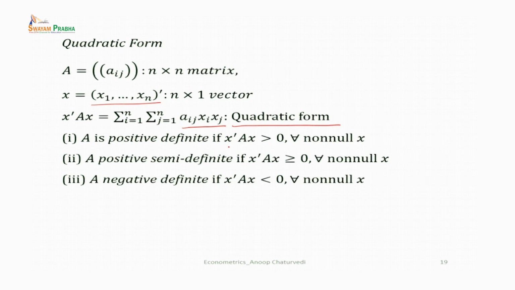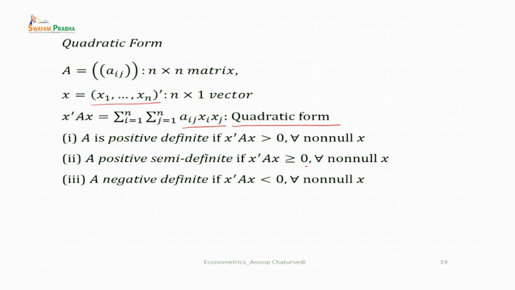Now, if this quadratic form X transpose A x is greater than 0 for all non-null x, meaning for all x not equal to 0, then we say that the matrix A is positive definite.